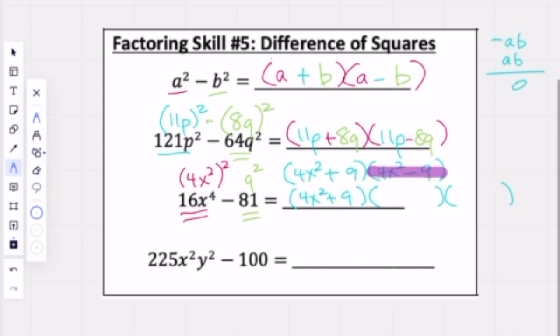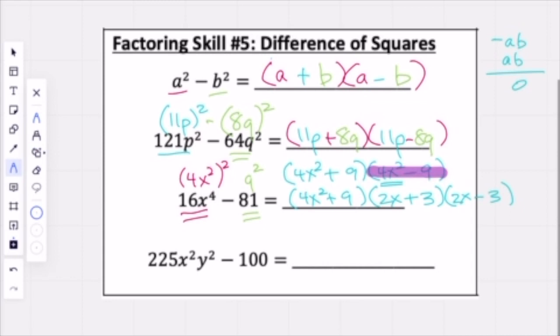So what is being squared to give us the 4x squared? Well, that would be 2x. So that's going to go in the front of these two. Now, how about what's being squared to give us a 9? And of course, that's going to be a 3. So put the appropriate signs in, and we have now factored this completely.